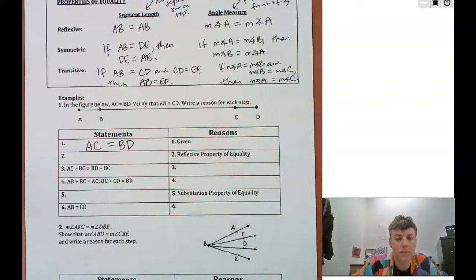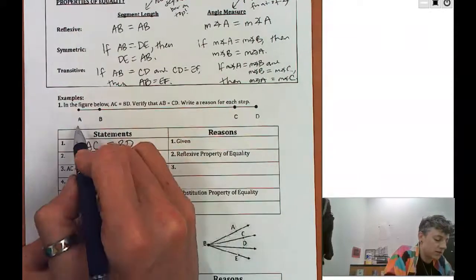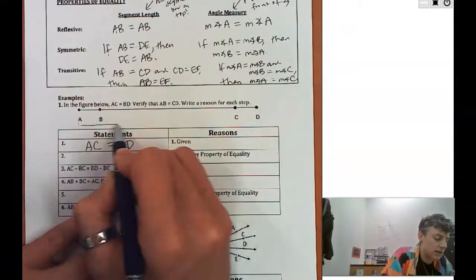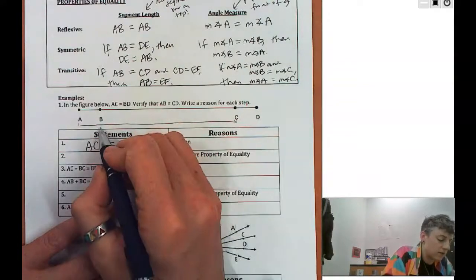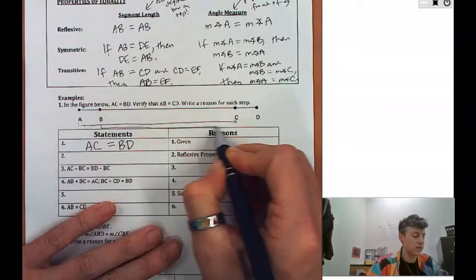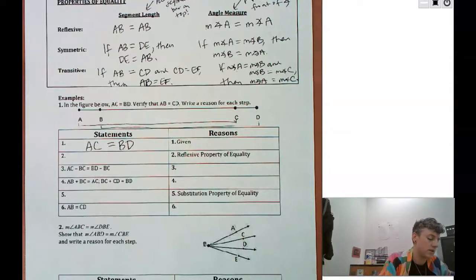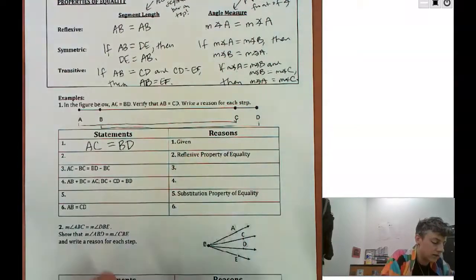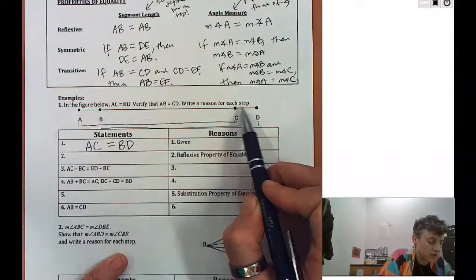Let's figure out a plan for this proof. We know, based off of this, that the distance from A to C is equal to the distance from B to D. We're trying to show that these chunks here are equal to each other.